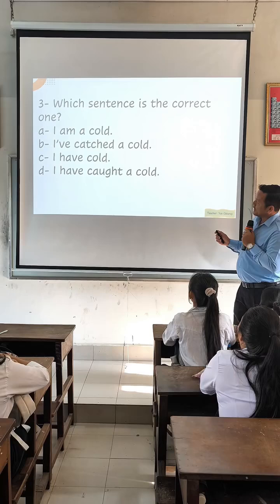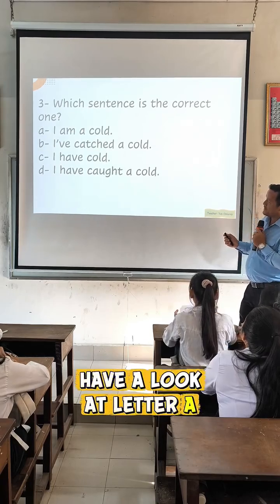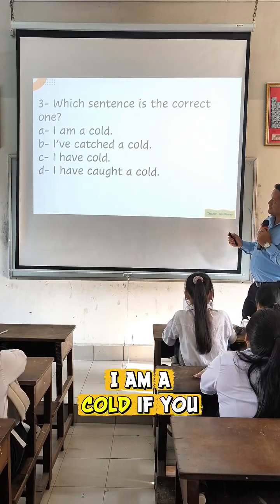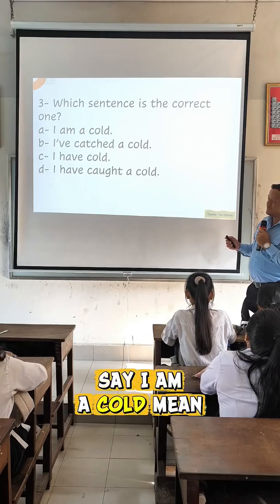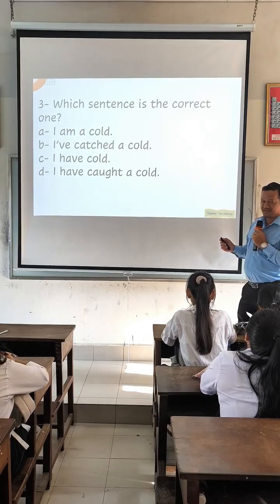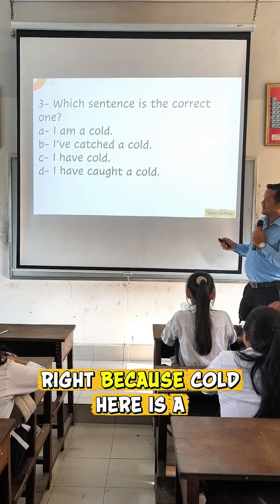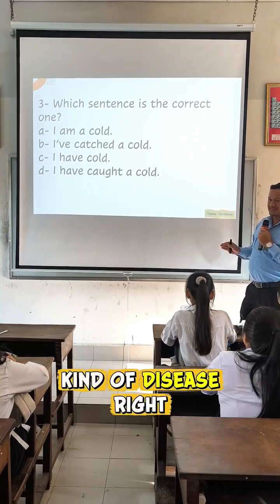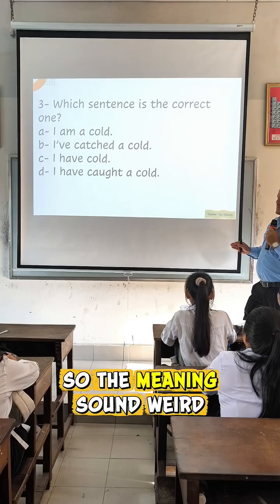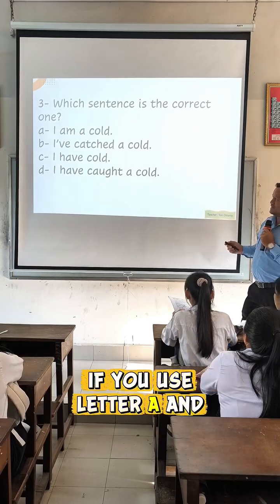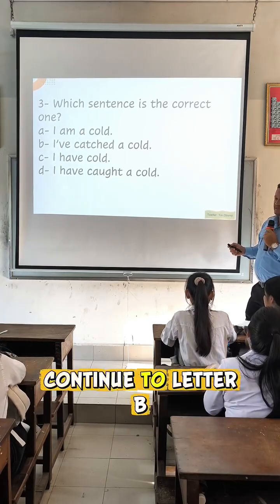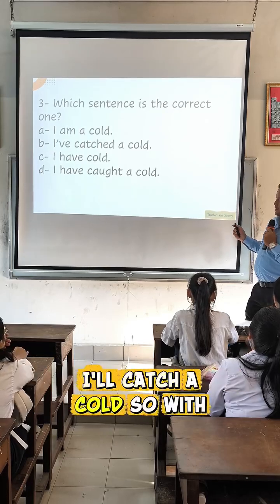Have a look at letter A: I am a cold. If you say I am a cold, it means I am the disease, right? Because cold here is a kind of disease, so the meaning sounds weird. Continue to letter B: I catched a cold.